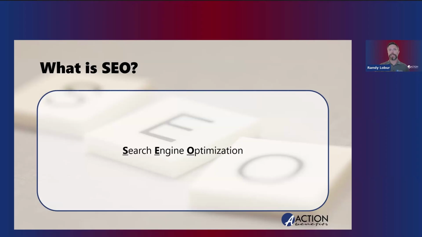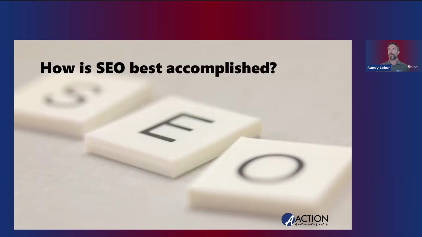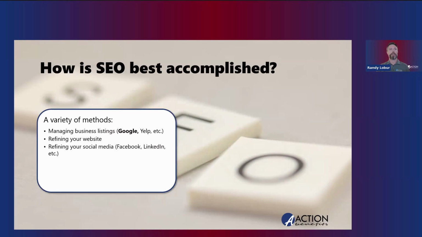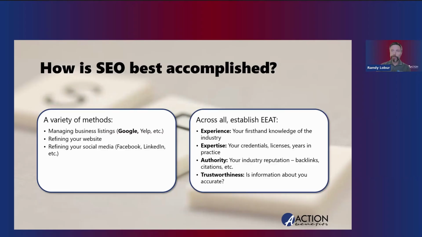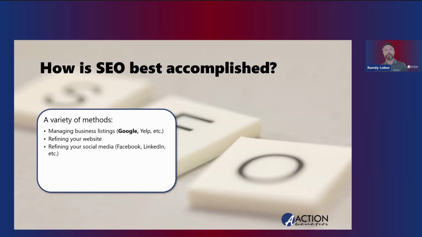And while this is a local SEO for health insurance pros session, we're going to focus on a few things to keep it very local. But in the broad strokes, we should level set with a few things that will help guide you going forward. So local SEO, or SEO in general, is best accomplished through a variety of methods.